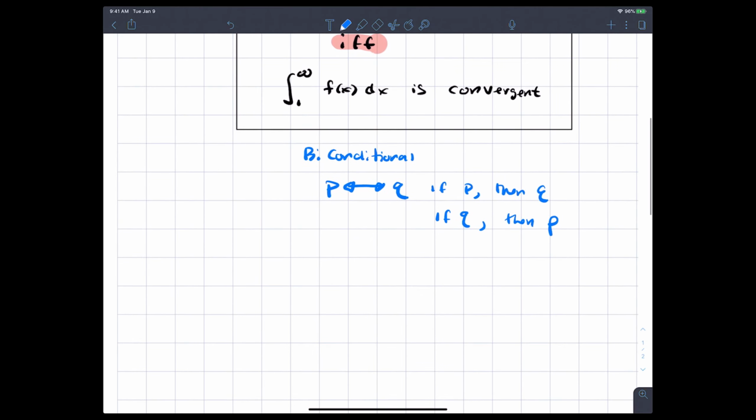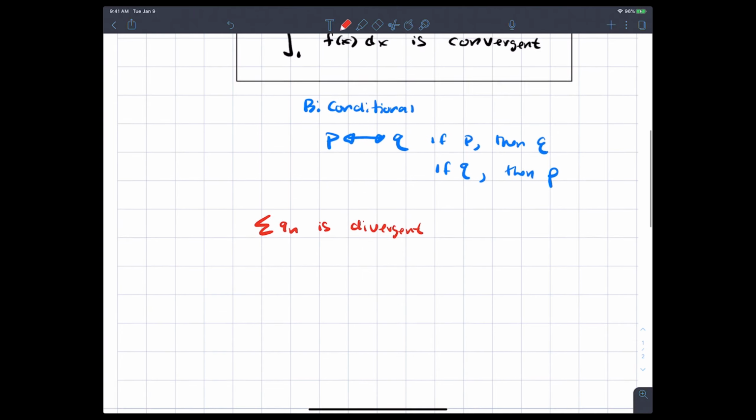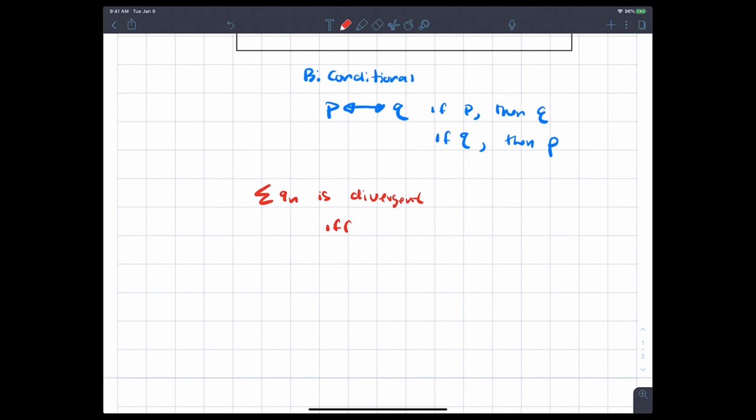This also implies the following, that your series a_n is divergent if and only if the improper integral from 1 to infinity of f(x) dx is divergent.